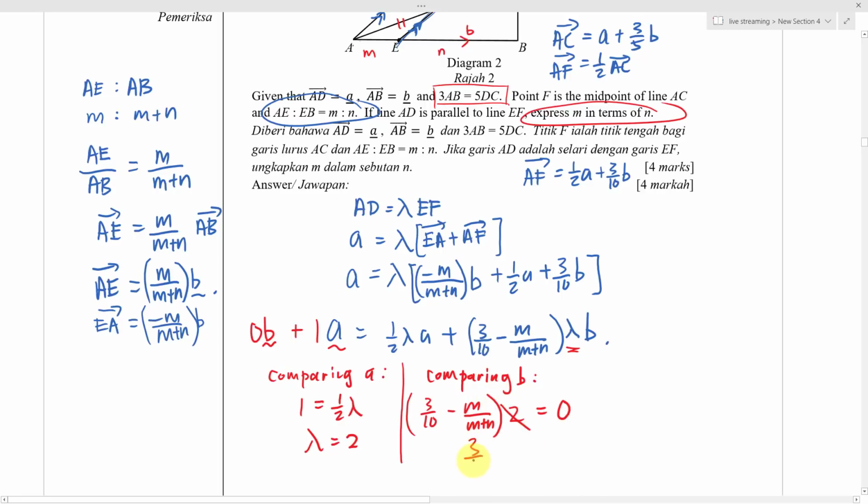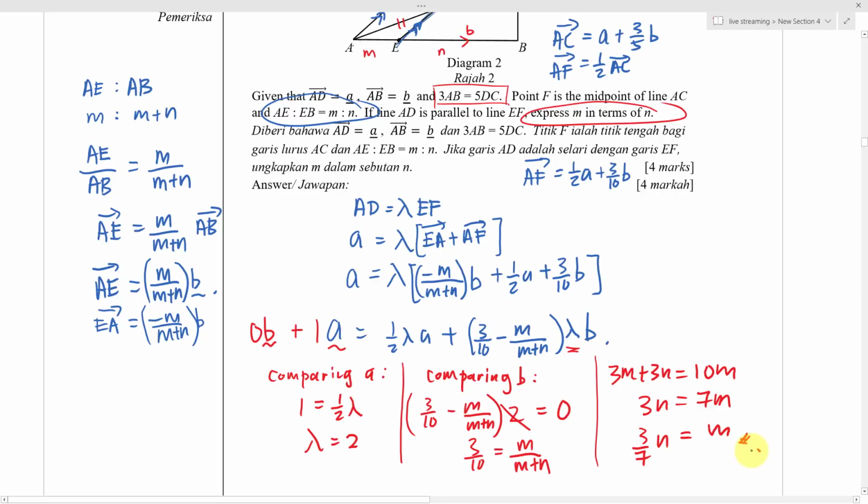Therefore, 3 over 10 equals M over M plus N. Then I cross multiply. I should have 3M plus 3N equals 10M. Then move my M, 7M equals 3N, then M equals 3 over 7N. Done. This is M in terms of N.